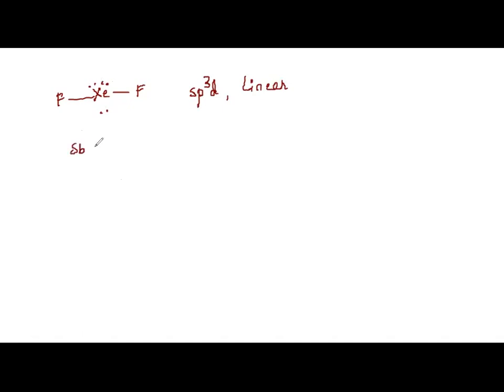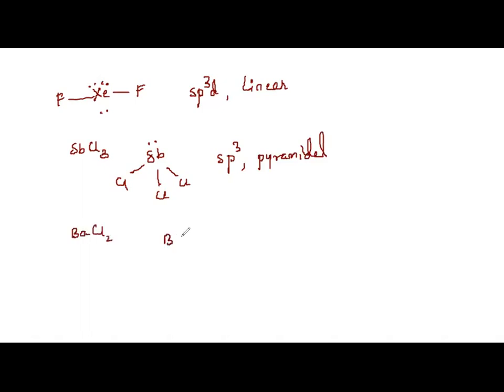SbCl3. If I write Sb, that is antimony, then here we have a lone pair and chlorine, chlorine, chlorine. The hybridization of this is sp3, but the geometry is pyramidal due to the presence of a lone pair. Correct? Next option is BaCl2. We know BaCl2, barium chloride, is Ba-Cl-Cl.